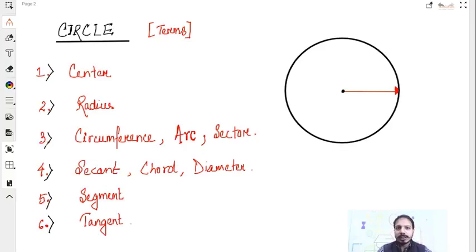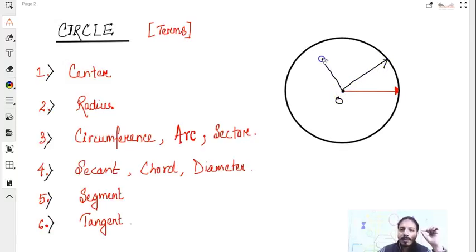Okay, so let us go through the terms here. Whenever you see a circle or you try to define a circle, what is a circle, right? Whenever we think about that, we think that there is a center somewhere and there is a line which is equidistant from the point, which we know as center. Say this O is the center, and I have a line, basically not a straight line, this is a curve, and all the points in this curve, all of them will be equidistant.